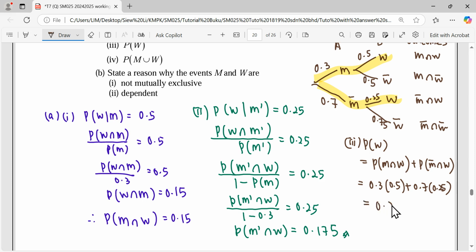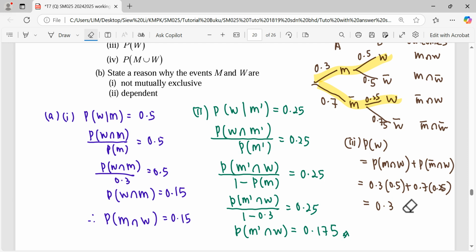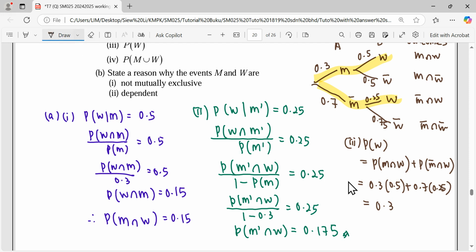So it gives us 0.375. Mistake here, it should be 0.325.